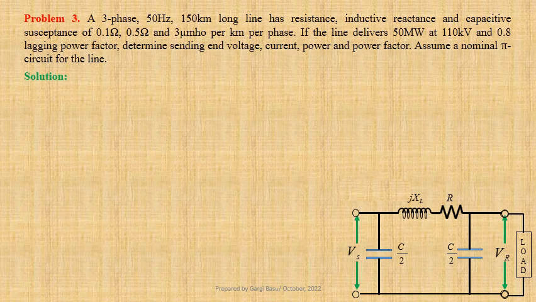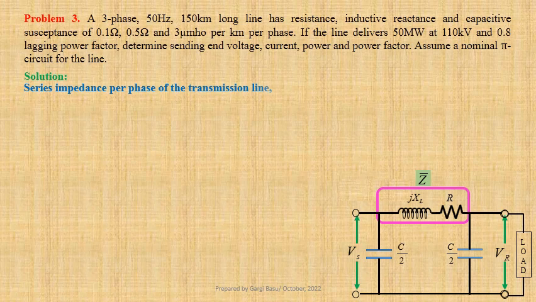We have computed series impedance per phase of the transmission line Z equals 76.4853 ohm at an angle 78.69 degree and capacitive susceptance per phase BC equals 4.5 into 10 to the power minus 4 mho.